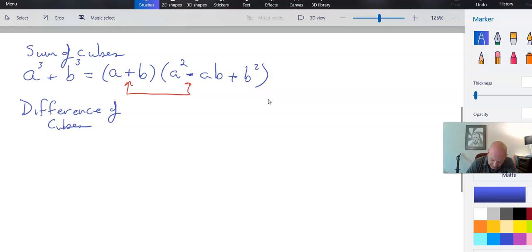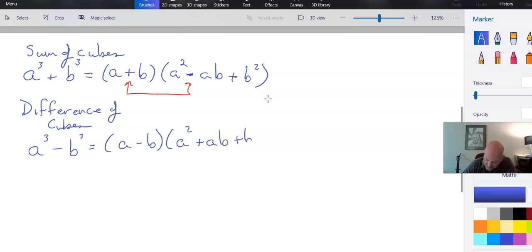All right, so the difference of cubes would be a cubed minus b cubed, and that gives me a minus b times a squared plus ab plus b squared. So again, right, these signs here, that's the big difference between the two formulas.